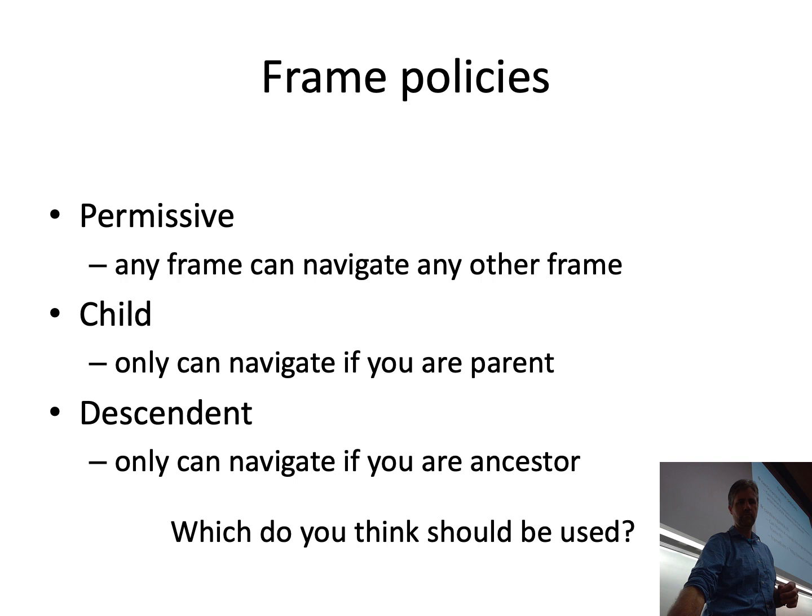So the general thinking here is that if a frame controls some pixels on the screen, then the frame should control any subframes that are drawing to those pixels on the screen. Because the frame can draw whatever it wants there. It could download a bitmap of what this page looks like and draw it so it looks just like the real content. It could embed its own code that sort of draws this thing. So the idea is we're going to trust the parent with this rectangle, so whatever happens inside this rectangle, we're going to trust the parent for. So we let it control the child and the grandchild.